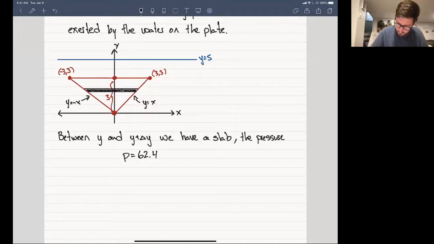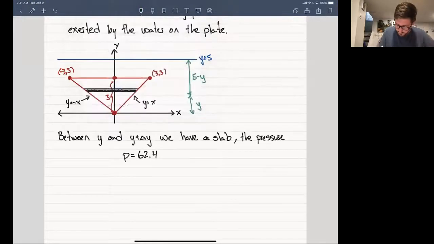So if I draw this over here, maybe I'll put this in green just so we can see it. If I go up to some value y, this thing here is distance y. Maybe this is overkill. And then this distance here is 5 minus y.